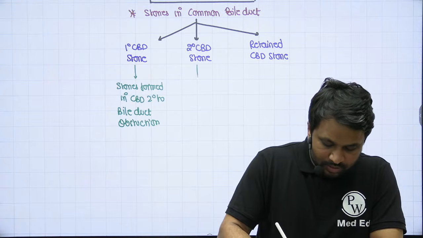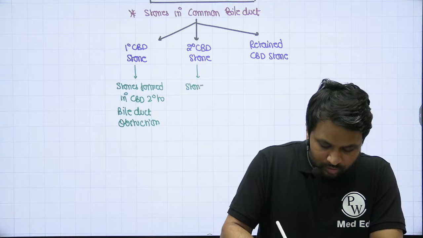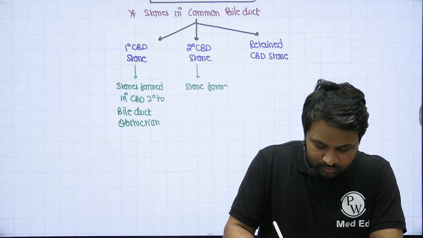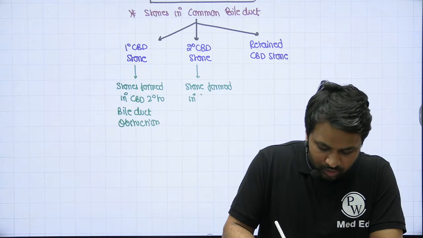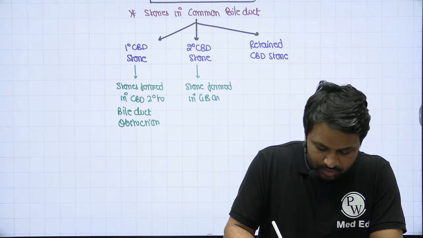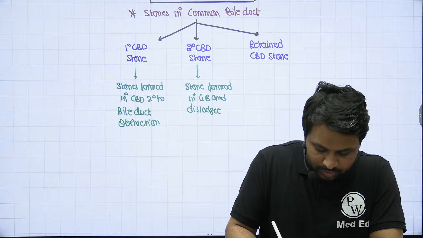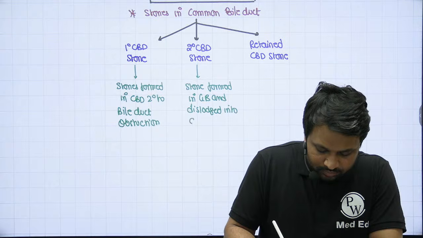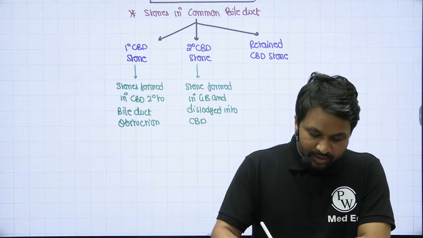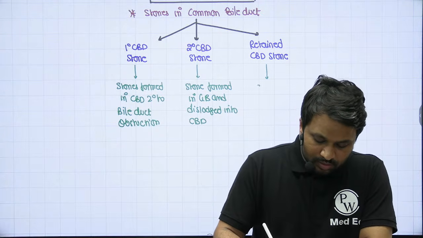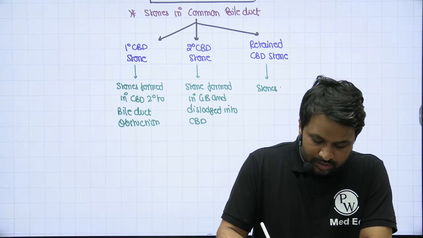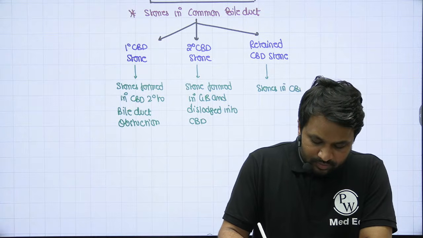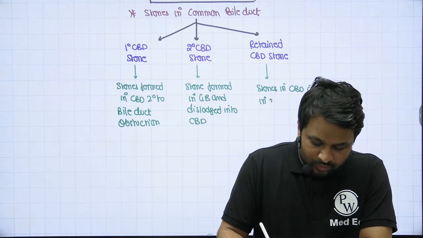Secondary CBD stones are stones formed in the gallbladder and dislodged into the bile duct, into the CBD. Retained CBD stones are stones in the CBD within 2 years of cholecystectomy.